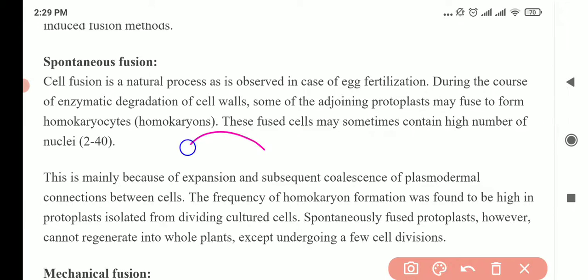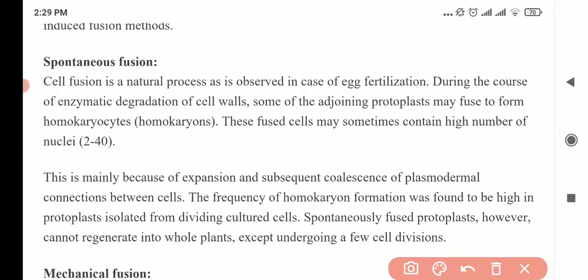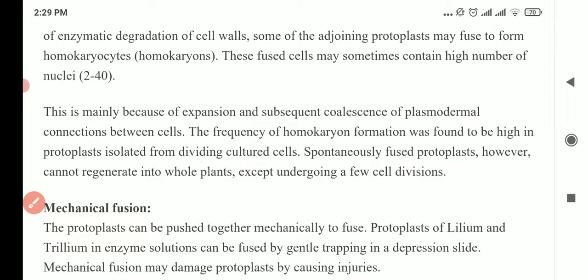These fused cells may sometimes contain a high number of nuclei. Like this is the egg cell and this is the sperm cell. When the wall broke here, for a short time there will be a fusion of the protoplast of the sperm cell and the egg cell. This is an example of spontaneous fusion. These cannot regenerate into a whole plant.